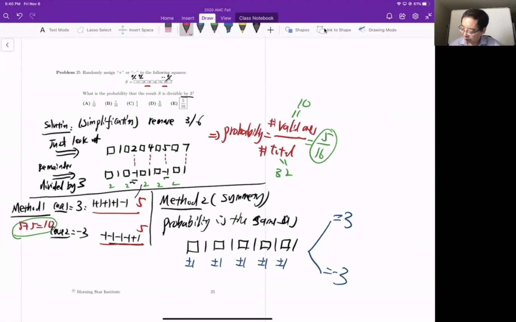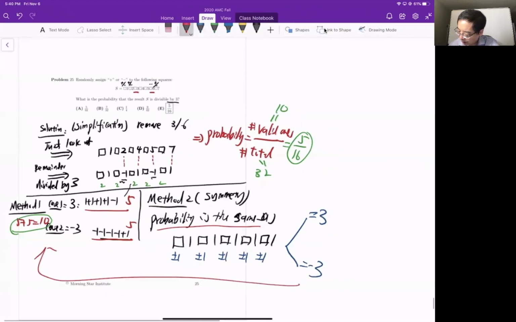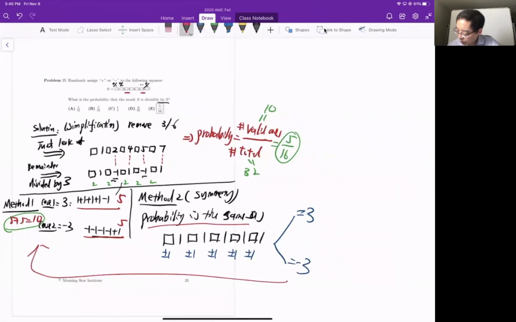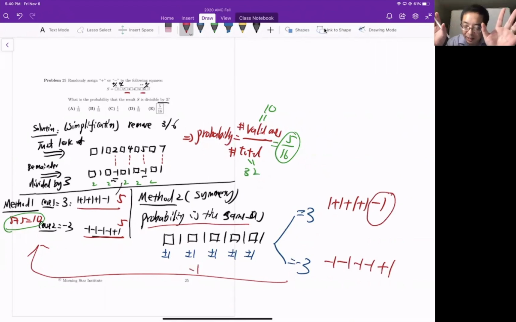The advantage of this one, this part is similar. You just get 3 or -3. But if we look at the problem from this perspective, this one is easier because we get 3. It's the same. You get 3 as +1, +1, +1, -1, -1. Now you just need to decide which one you are going to put -1, right? All the others you put plus.